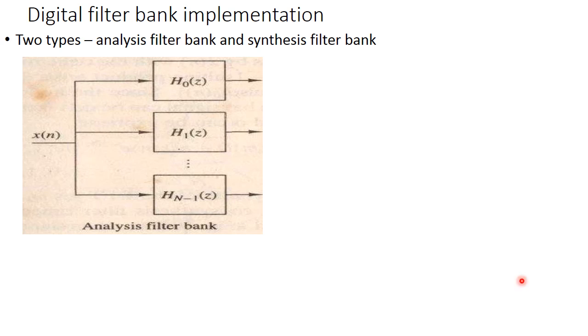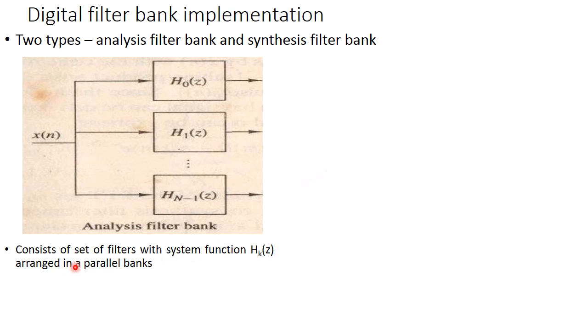This is the block diagram of the analysis filter bank. Here X of n is the input, and this is subdivided into so many transforms. This may be a Z transform, a Fourier transform, or any transformation from the time domain to a different domain.